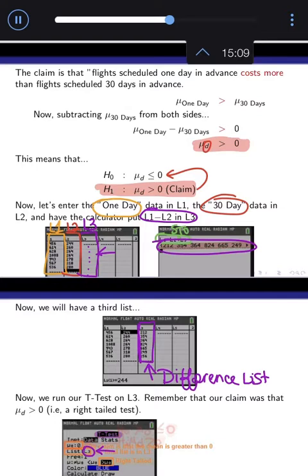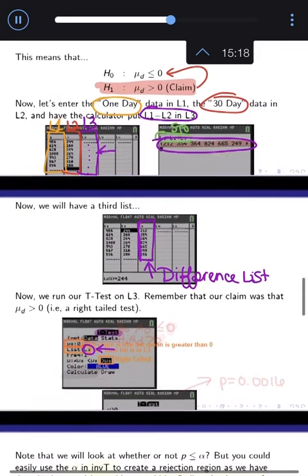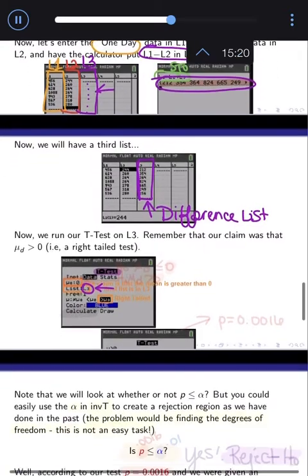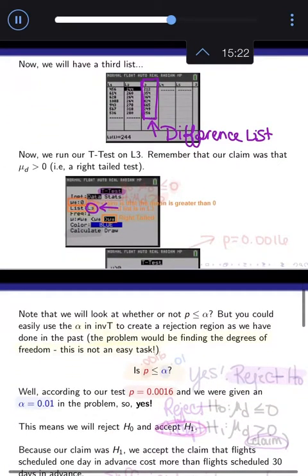semi-recently. Also, this means if you go to study for your final exam, and you do problems from a previous chapter, you may need to go change this back to list 1 if you're doing stuff from a previous chapter. So be careful. The mu naught here, the reason why it's 0 is, remember, we were looking at a mu d being greater than 0.